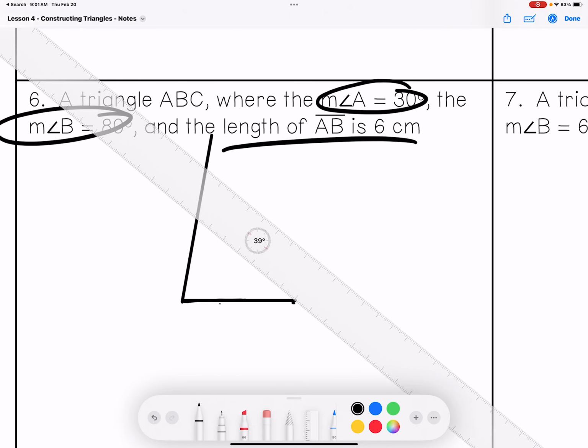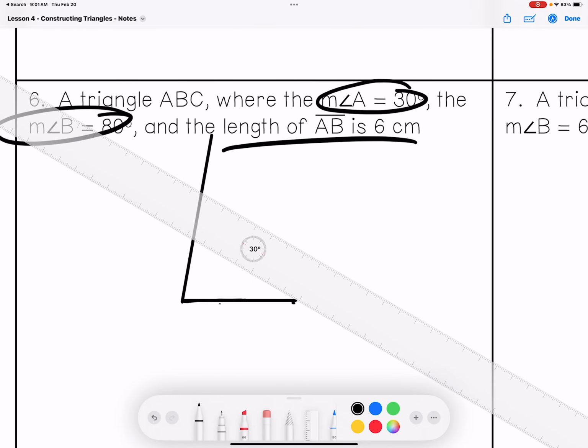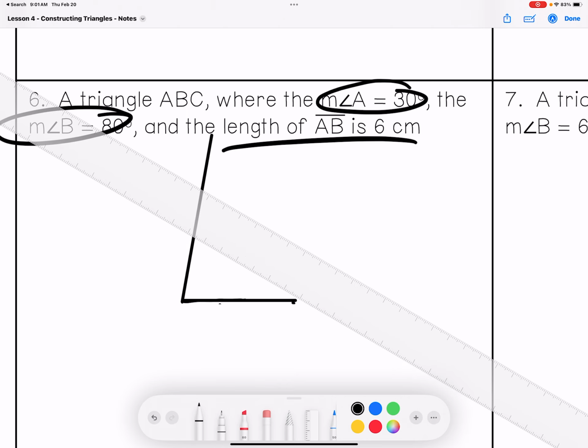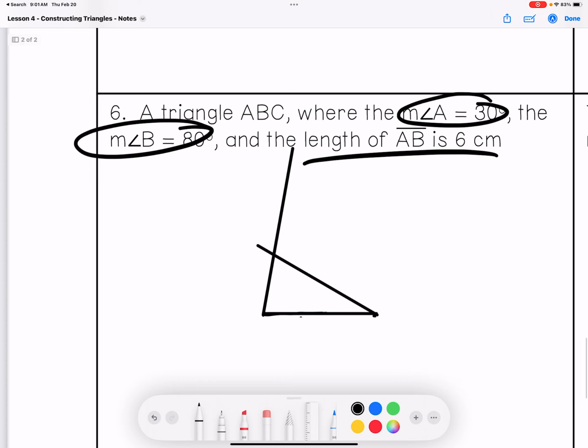There we go. And then I just erase what I didn't need. There you go. That is how you do it.